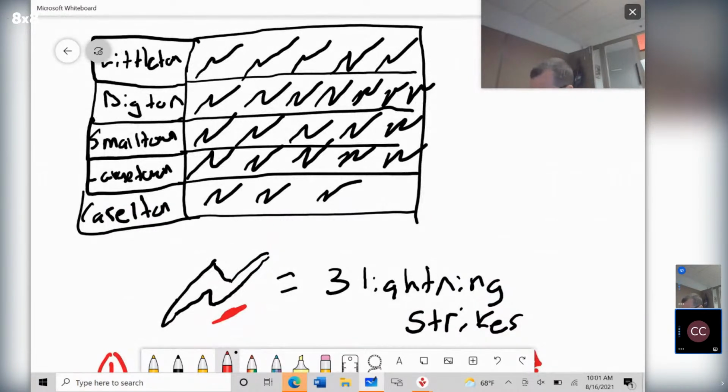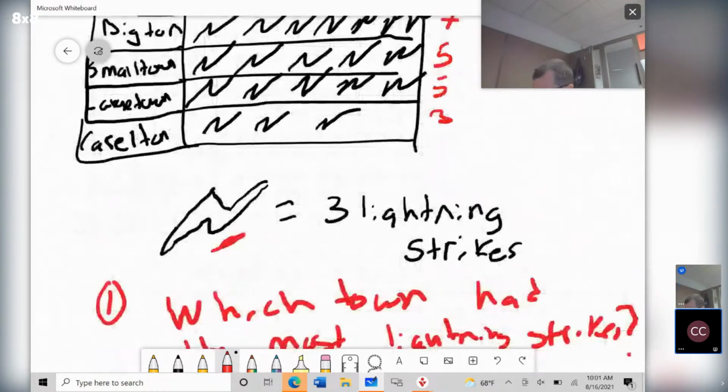So we'll just count these. Little Town had 5. Big Town had 1, 2, 3, 4, 5, 6, 7. Small Town had 5. Large Town had 5. And Carlton had 3. So we know Big Town had the most. So that'd be the first part. If we answer this, Big Town.